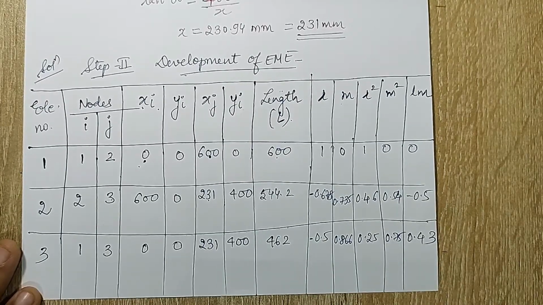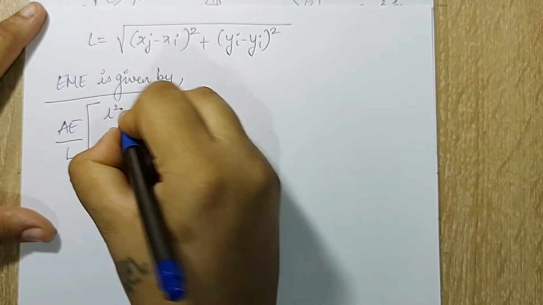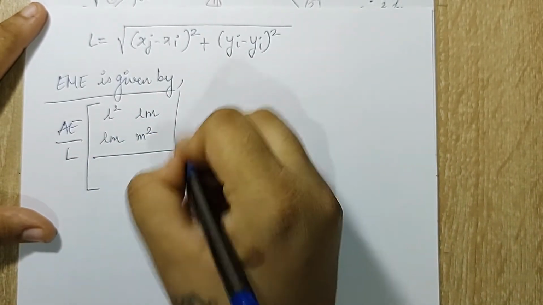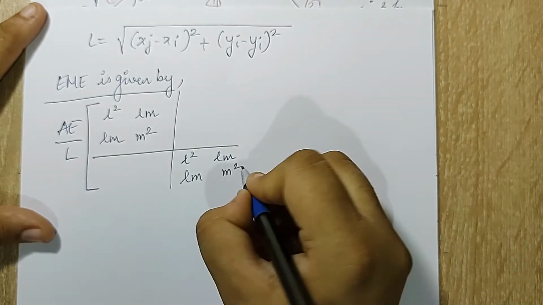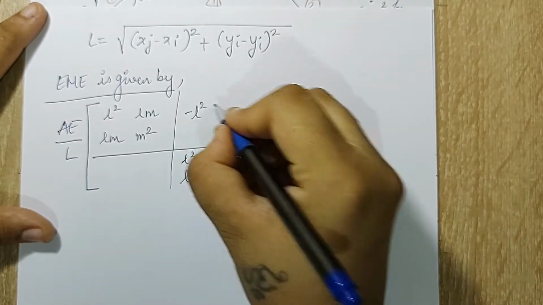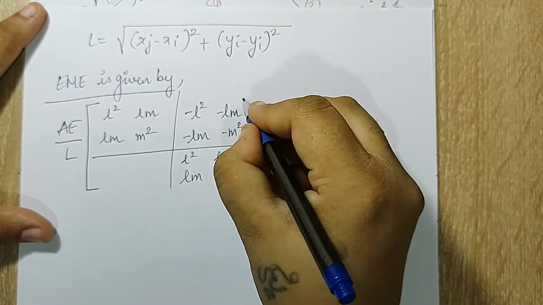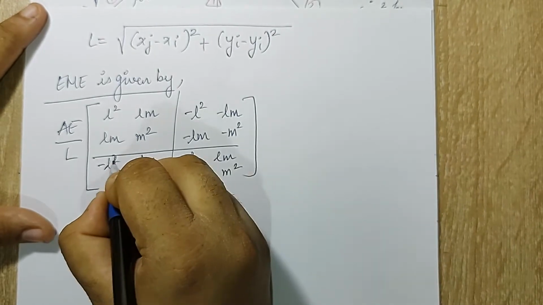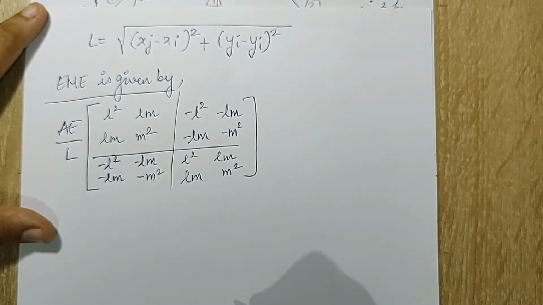Next I'll write the EME. AE upon L. Again I'll have L square, Lm, M square. I'll write here L square, Lm, M square. Whatever I write here, just write the negative in these positions. Copy over here, minus L square, minus Lm, minus Lm, minus L square.